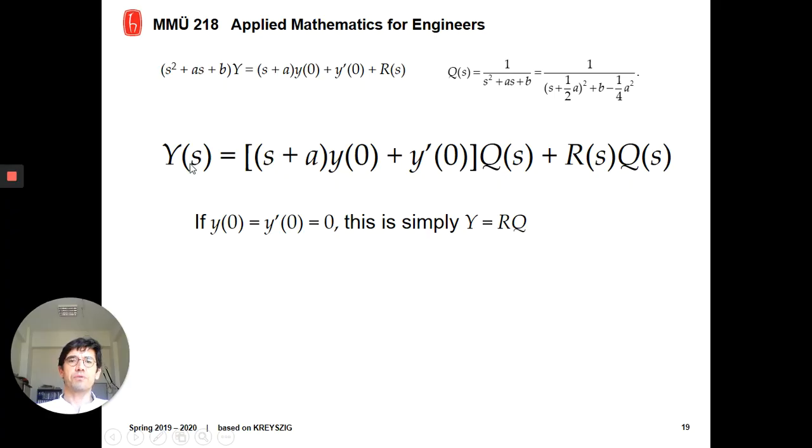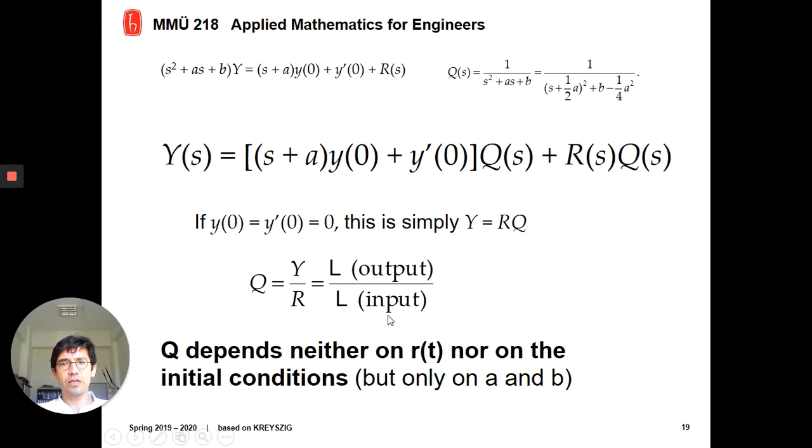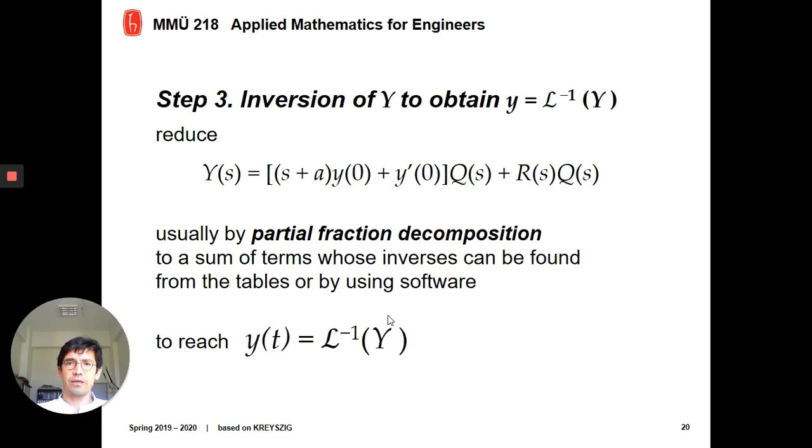Then the simple equation y equals rq is going to be valuable to find out what you need. Q can then be represented by y over r, which are Laplace of the output function over the Laplace of the input function. So this is another definition of the transfer function if you don't have the initial conditions set.